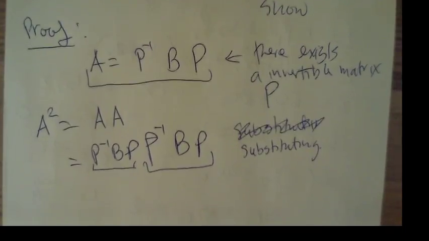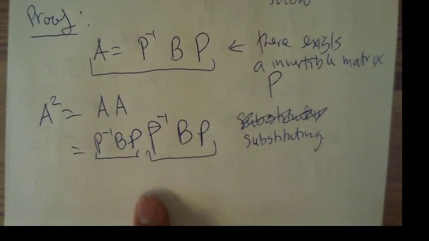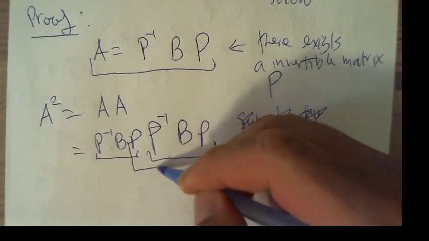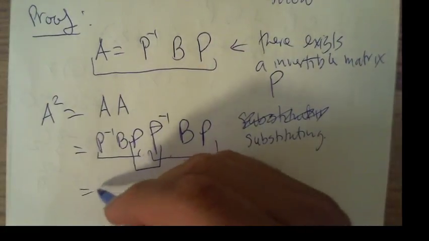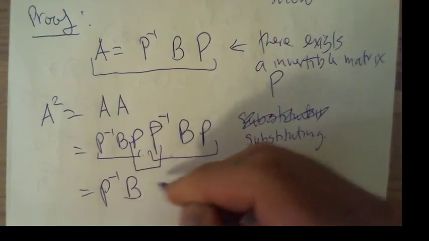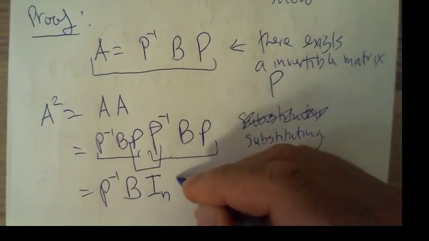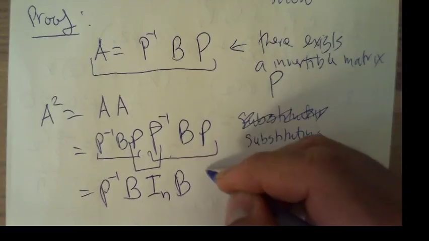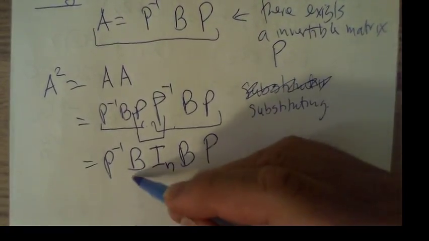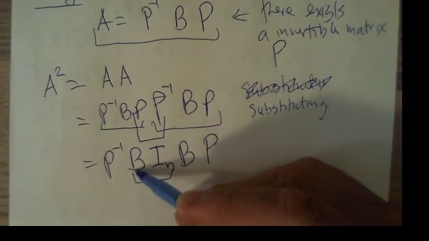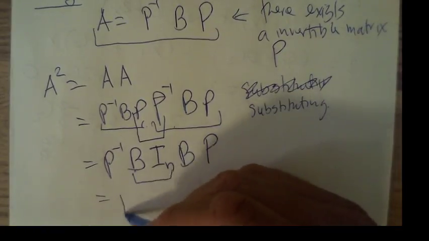All right, and then now what we see here is again, all these are square matrices, so all the operations are defined. So I can associate them however I want, right? And now I'm gonna associate these right here. So P times P inverse is the identity matrix. All right, again, identity n by n, and again, associating this, B times the identity is just B.